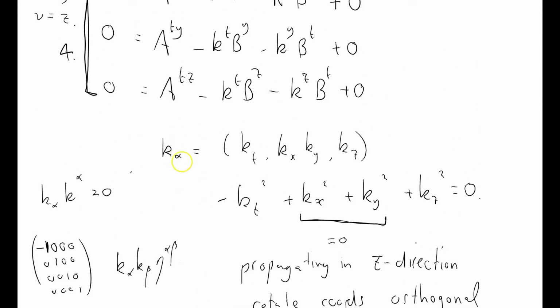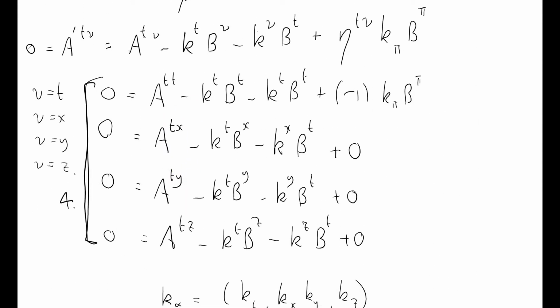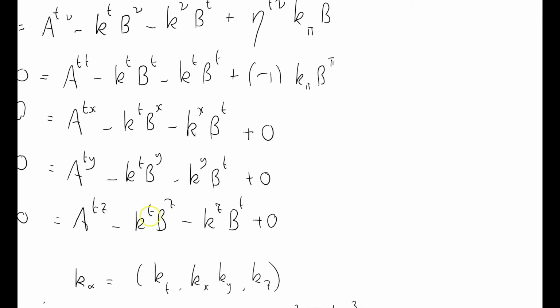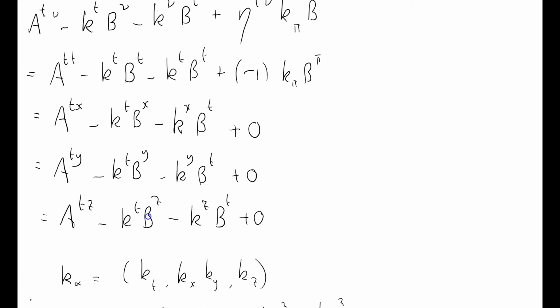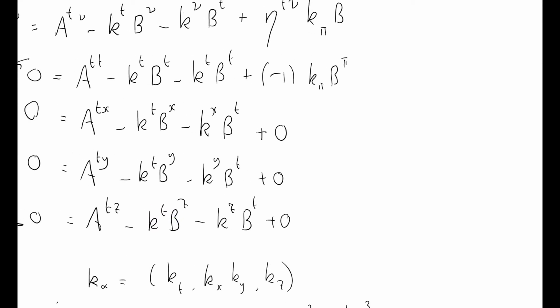Right, now what have we got? Let me remind myself what my K is. So we've got K upstairs alpha equals omega, 0, 0, omega, and I'm just going to substitute in one by one.